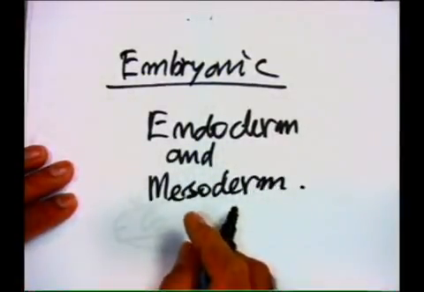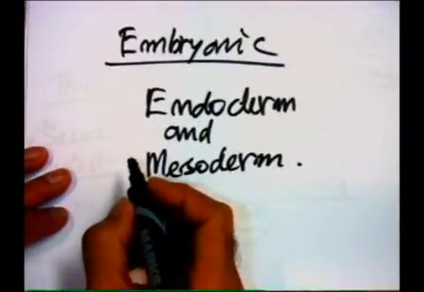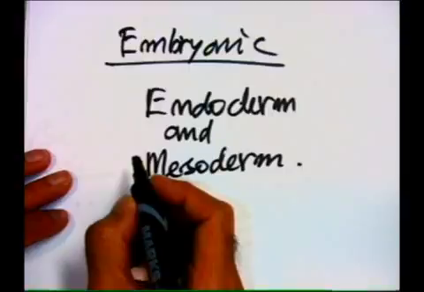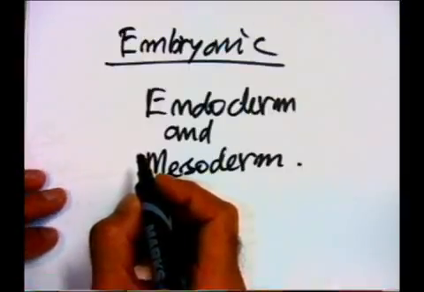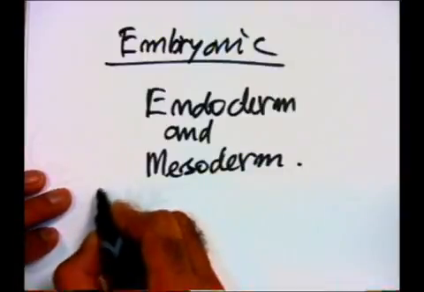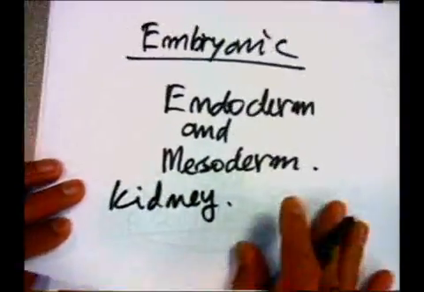Okay, and these tubules are the kidney tubules, and simple cuboidal epithelium is common in kidney. It's prevalent in kidney. What functions in the kidney?